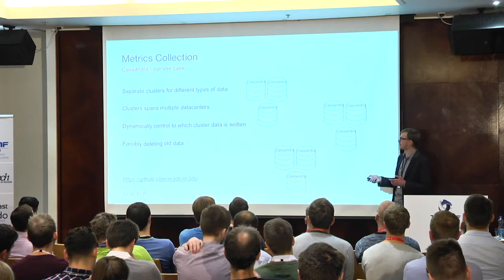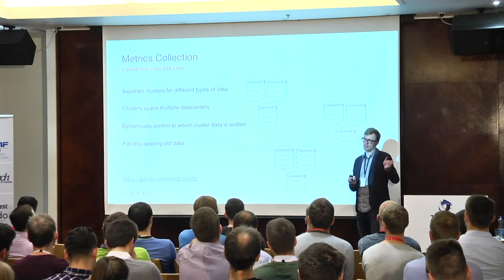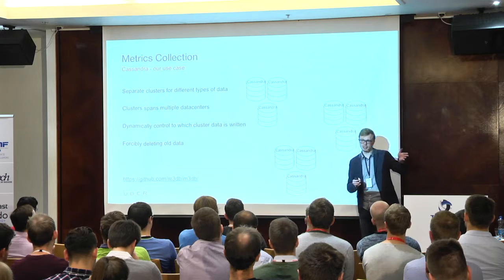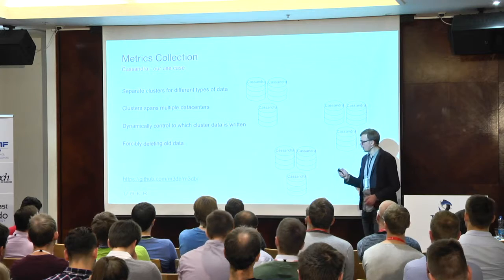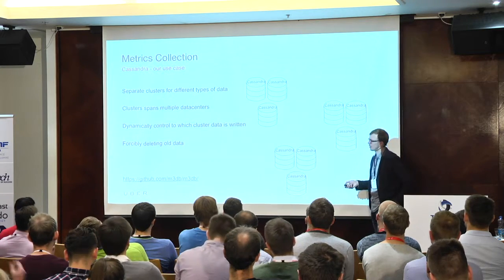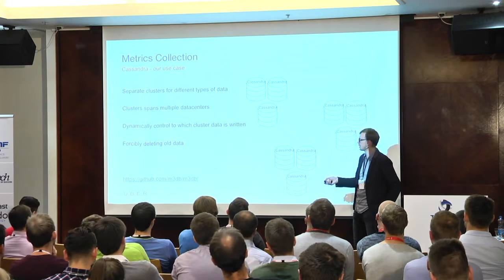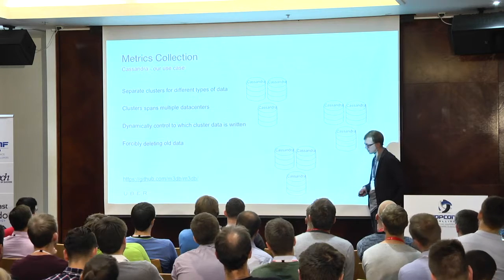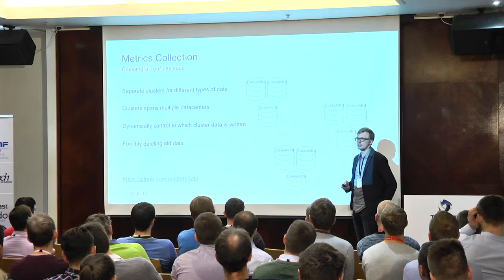And even if we had problems with one Cassandra cluster, we could divert our metrics dynamically to another Cassandra cluster, and then when selecting, combine them. Currently, as we're still not super happy about Cassandra, the team in New York is developing their own metrics database for handling metrics. It's called M3DB. It's developed as an open source project. You can check it out.